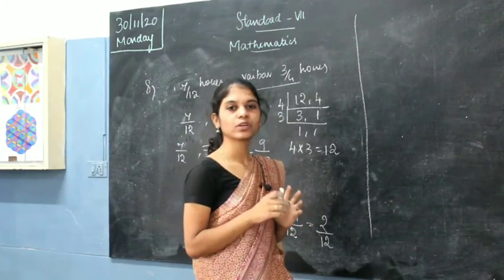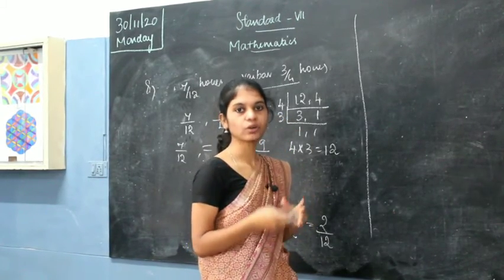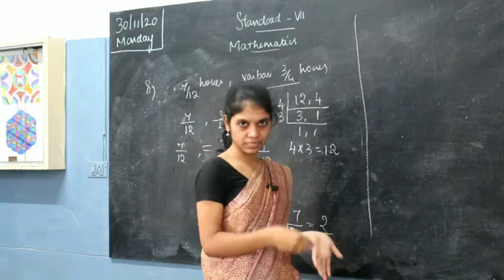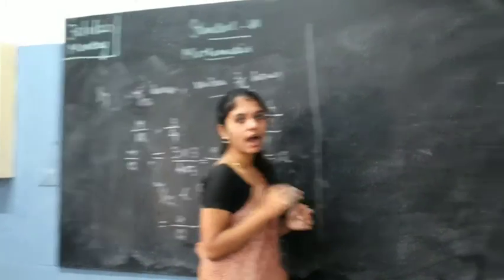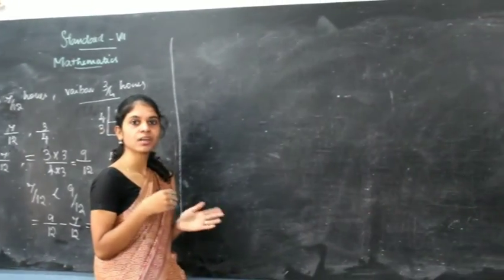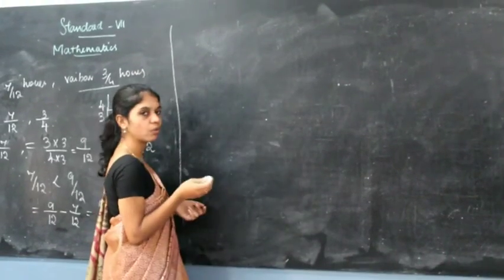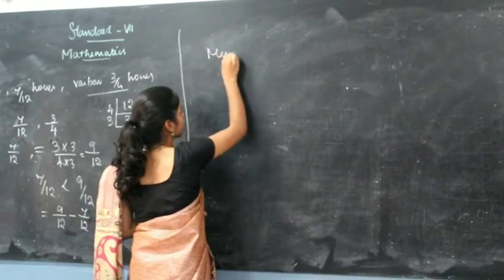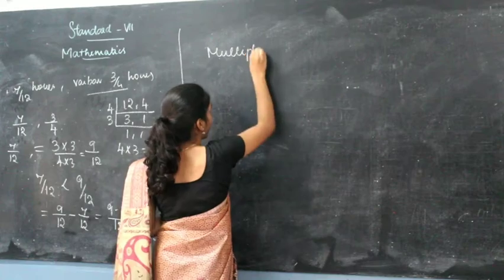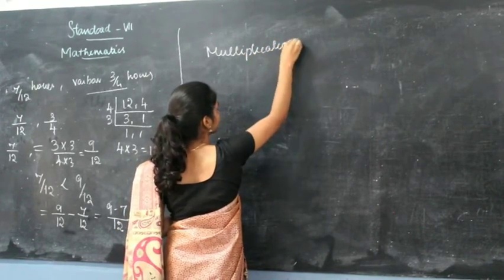Now I am going to give a little bit of introduction about how we are going to multiply these fractions. You have seen addition and subtraction of these fractions, right? Now we are going to see multiplication of the fractions.